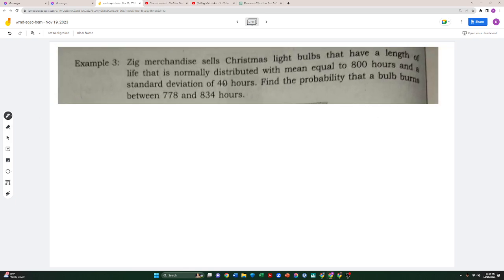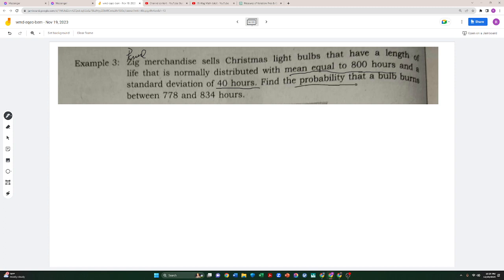Zig merchandise or Paul merchandise sells Christmas light bulbs near December that have a length of life that is normally distributed with the mean equal to 800 hours and the standard deviation of 40 hours.